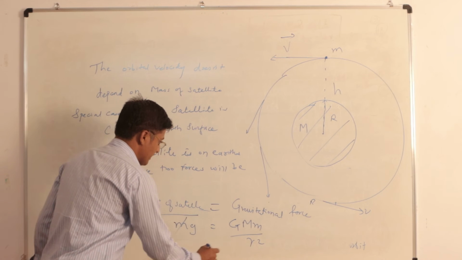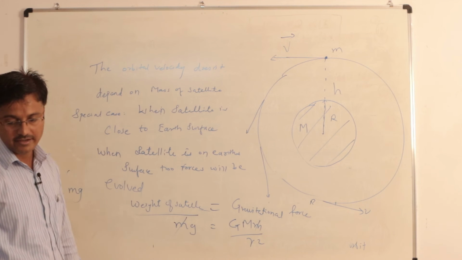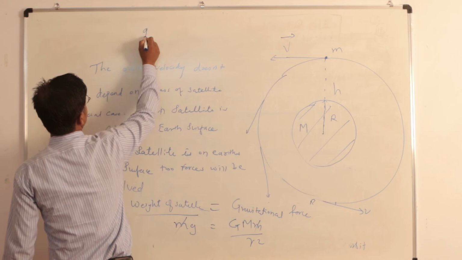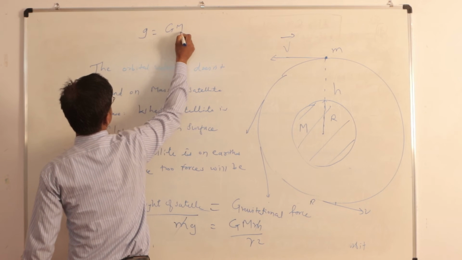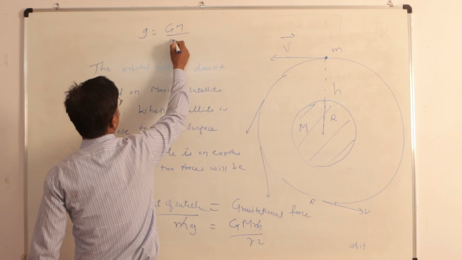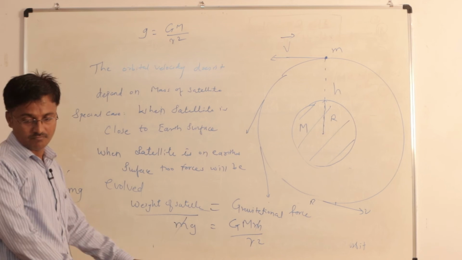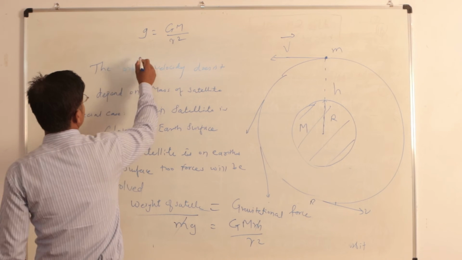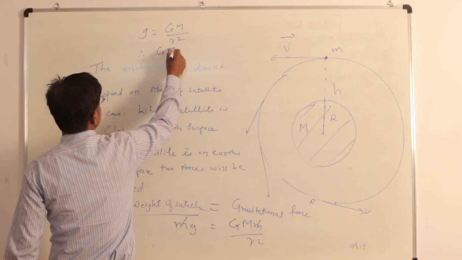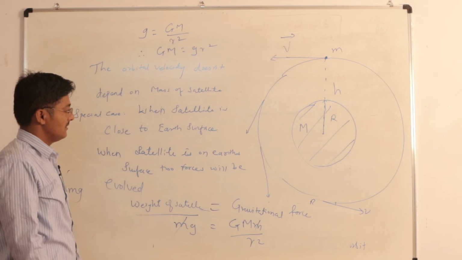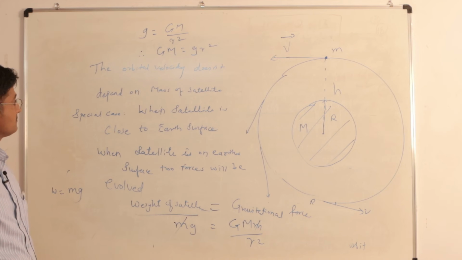So again this m will get cancelled, and small g equal to GM upon r square. Very important expression. That is capital GM equal to gr square. Are you getting this? Very simple.